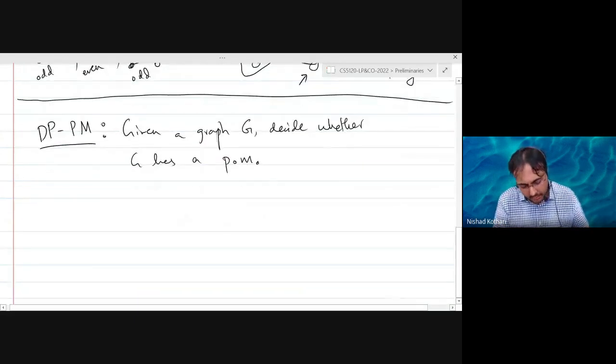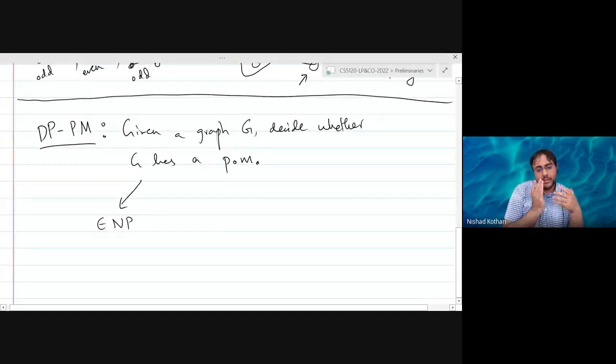So I would like to ask you, is this problem in NP? What do I mean? Can you convince your friend easily that a particular graph has a perfect matching? And if so, how would you convince your friend?